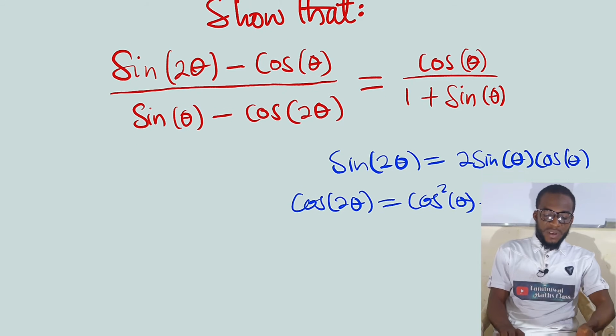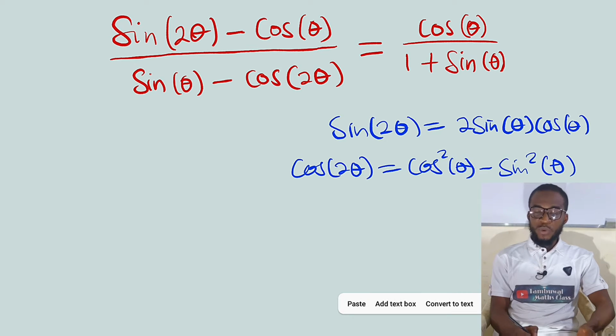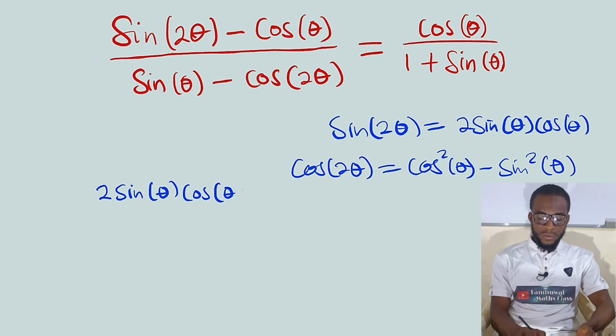So let me start with sine to the top. You can see we have sine 2 theta. So instead of sine 2 theta, I'm going to write 2 multiplied by sine theta cos theta. So 2 multiplied by sine theta cos theta.